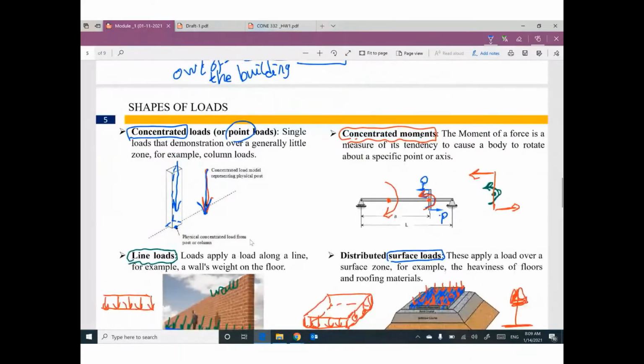We have four shapes of load. In our problems, you can find concentrated load, only one point load. You can find something called concentrated moment, something that would like to rotate at a specific point.